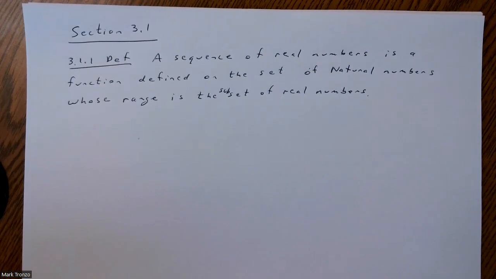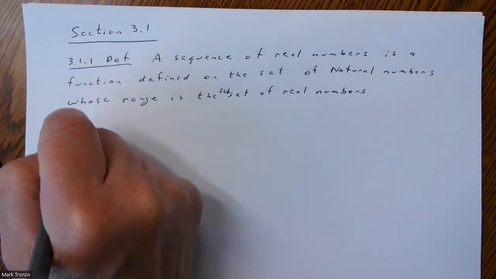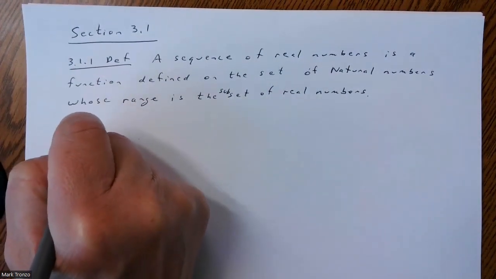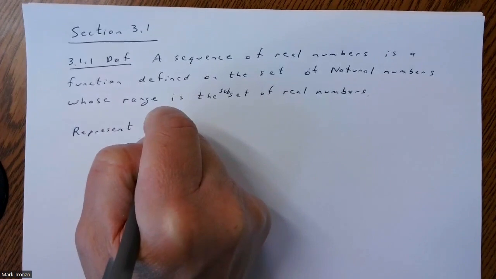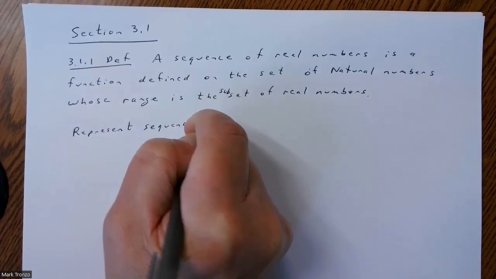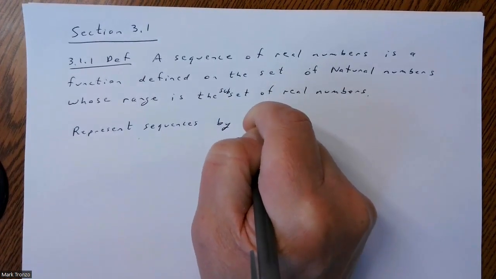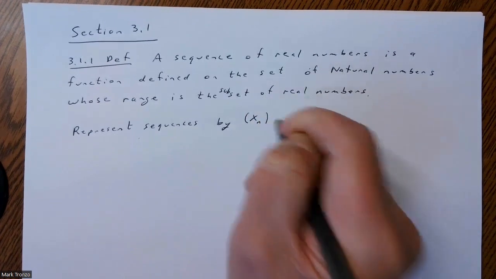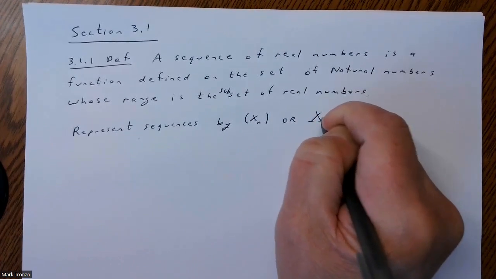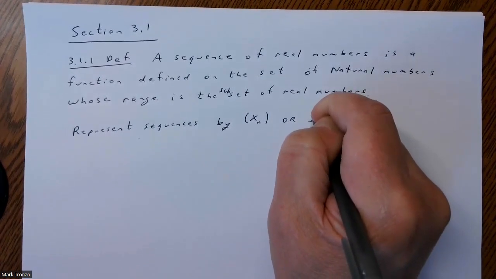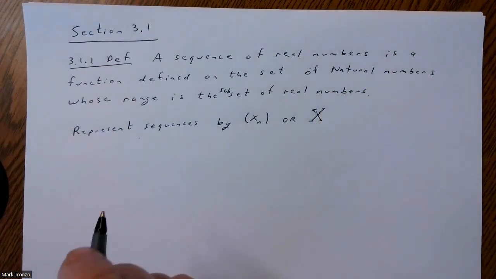And so now, a lot of times when we represent sequences, and every book is kind of different, it's often represented by parentheses and an n, or sometimes maybe a capital X. Real analysis books often use this notation, but sometimes they use other notations.